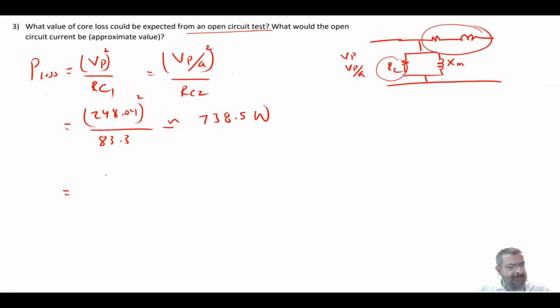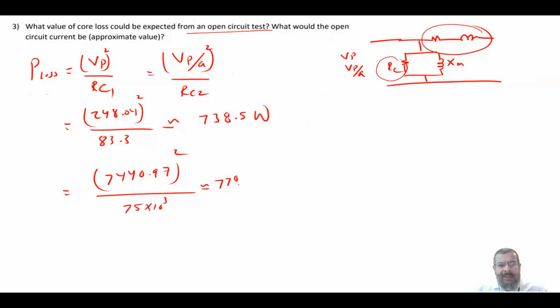Or it is equal to the 7440.97 that we found in the second model, squared, divided by the RC from the second model, which is the 75 kilo ohm. Again, you will get exactly the same value of the losses. So this is a nice, interesting question, but as I said, it has some error in the question.